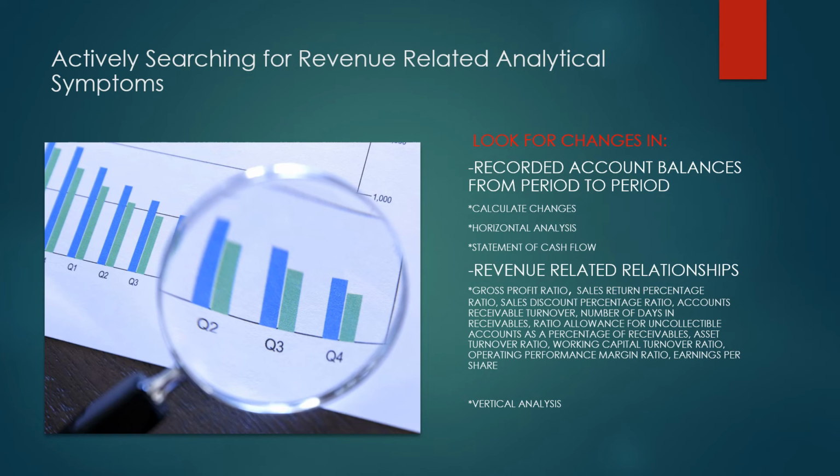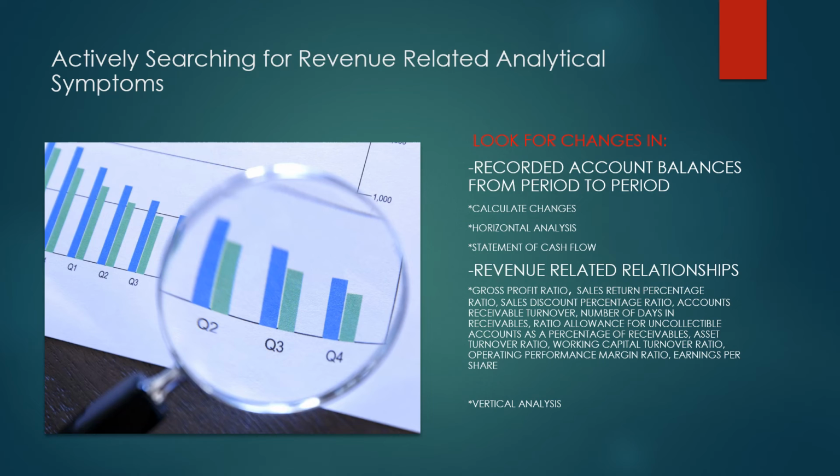The most common ones are the gross profit ratio, sales return percentage ratio, sales discount percentage ratio, accounts receivable turnover, number of days in receivables, allowance for uncollectible accounts as a percentage of receivables, asset turnover ratio, and so on. So the change and the speed of changes in the ratio could signal fraud.